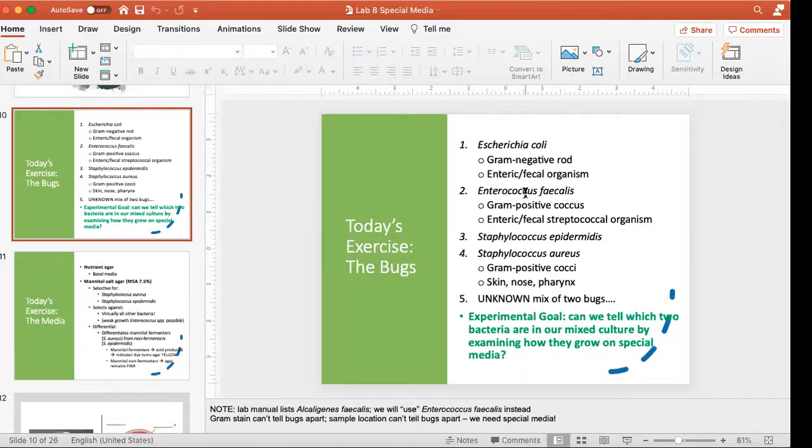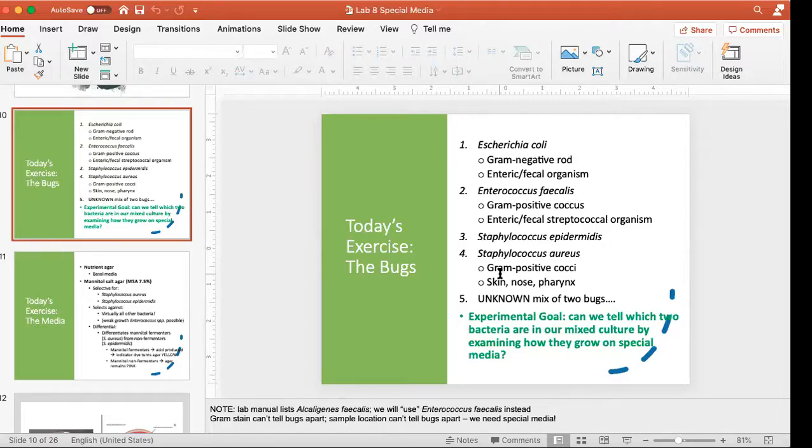You can see some of them are gram negative and some are gram positive. I didn't write it here, but Staphylococcus epidermidis and Staph aureus are both gram-positive cocci. They can both be found on the skin and so on. So there are 4 organisms that we're working with in our experiment today.